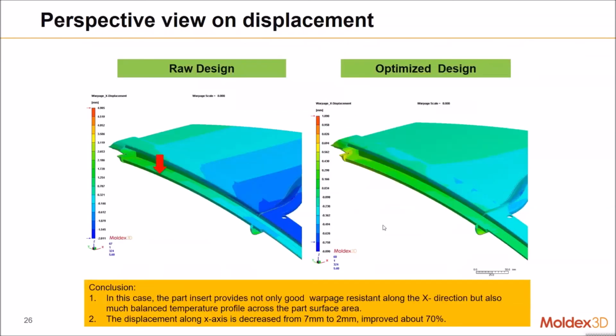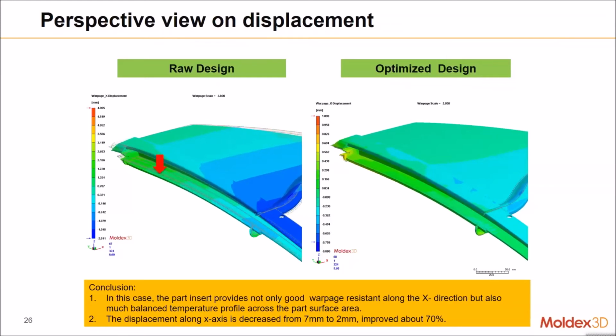Okay, this is the other direction to see the results. We can see the animation, and the animation of the raw design shows a very serious warpage problem. After optimization, we can see a very huge difference between the two designs, and a very good performance on the optimized design.